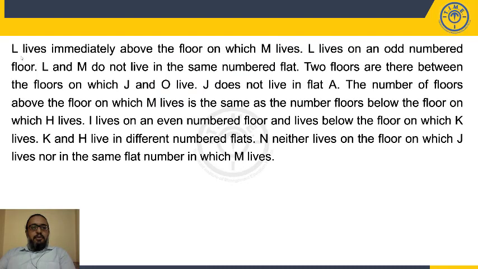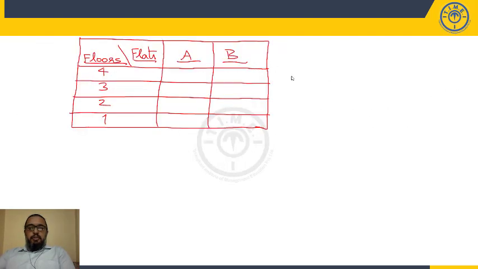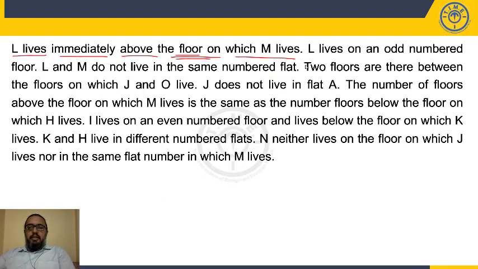Now L lives immediately above the floor on which M lives. Now what is he talking about? He's talking about the floor. So it is regarding the floor. So you have L immediately above M. L lives on an odd numbered floor. L and M do not live in the same numbered flat.